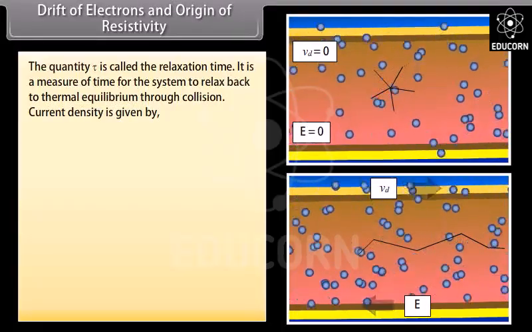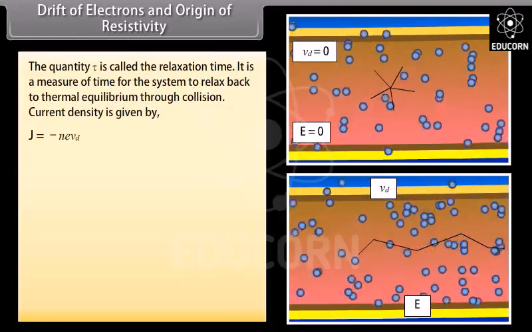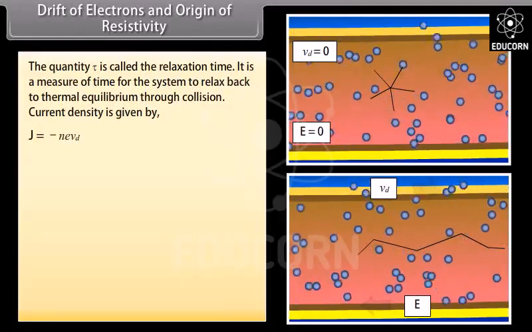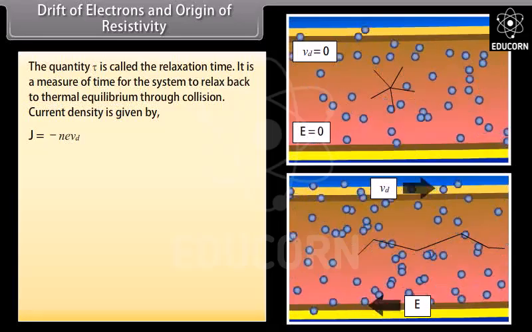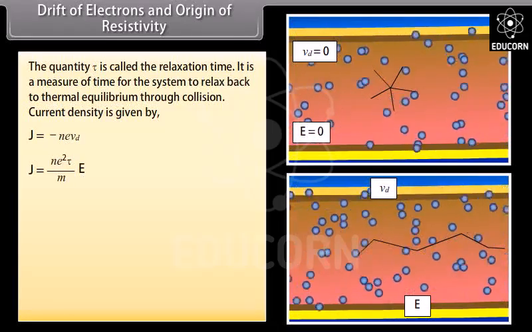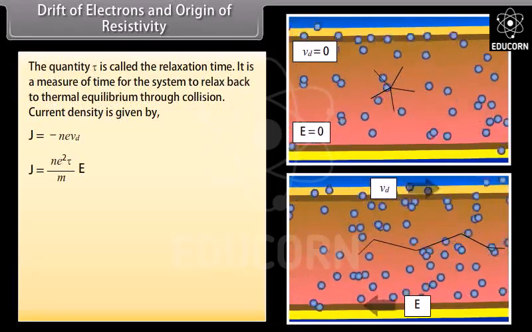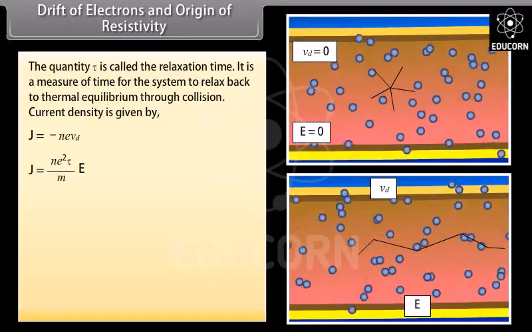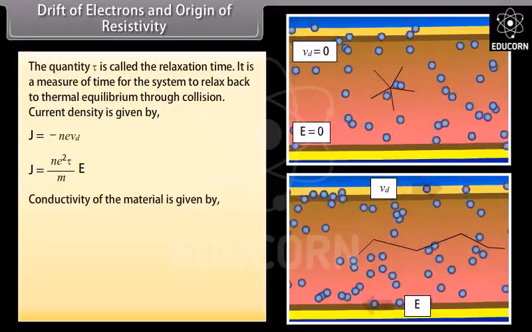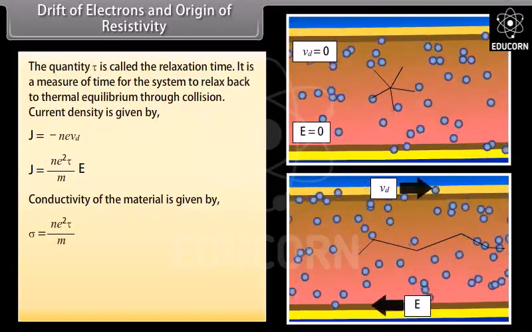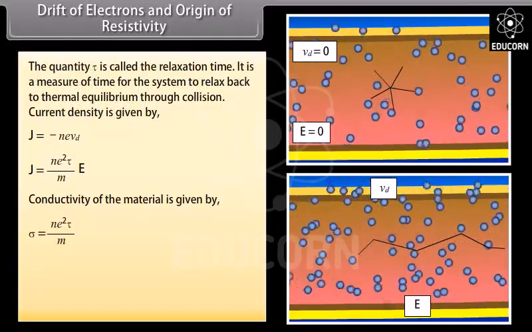Current density is given by J equals minus n e Vd. Putting the value of Vd in the above equation, we get J equals n e squared tau upon m multiplied by E. Hence, conductivity of the material is given by sigma equals n e squared tau upon m.